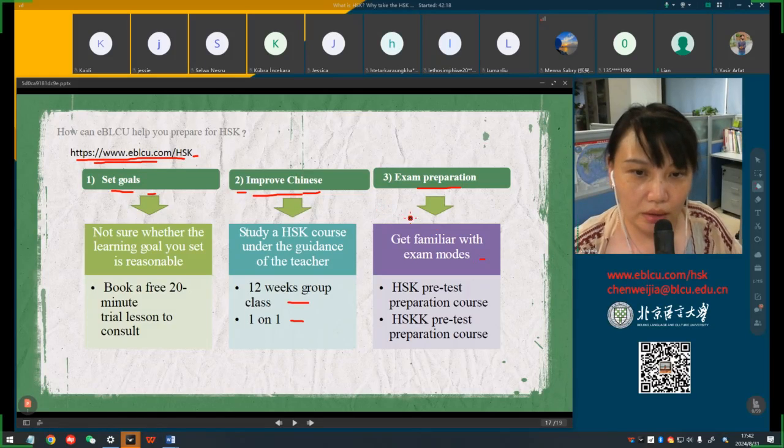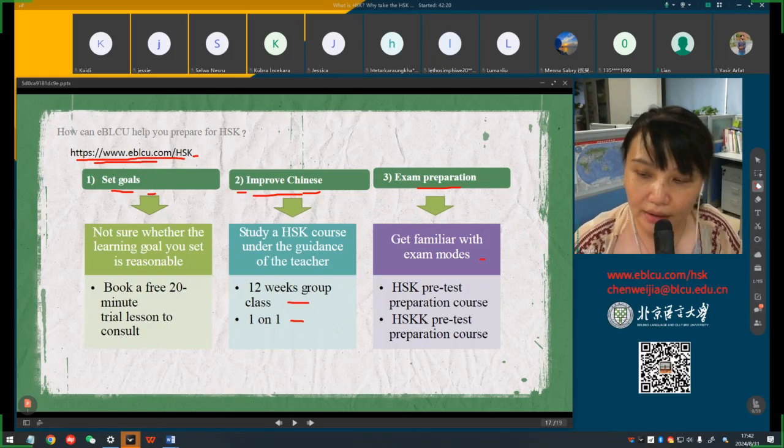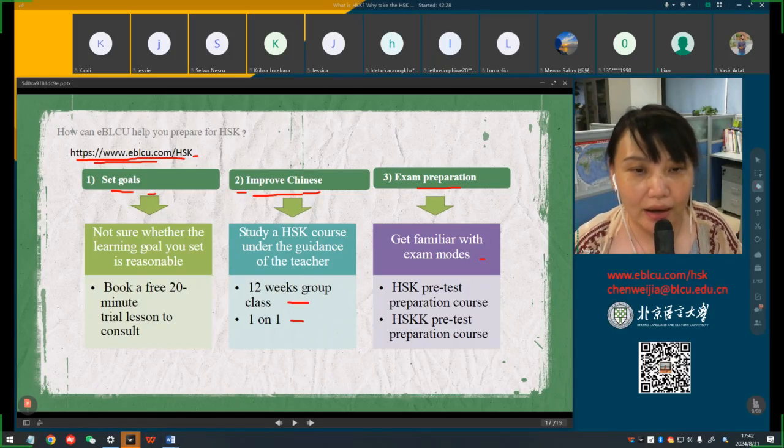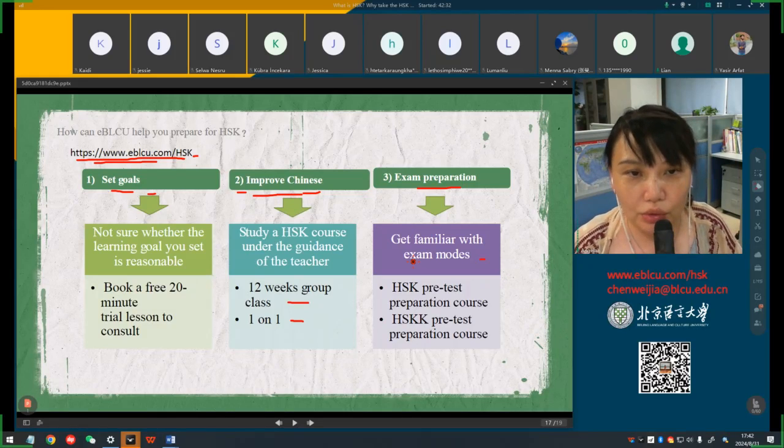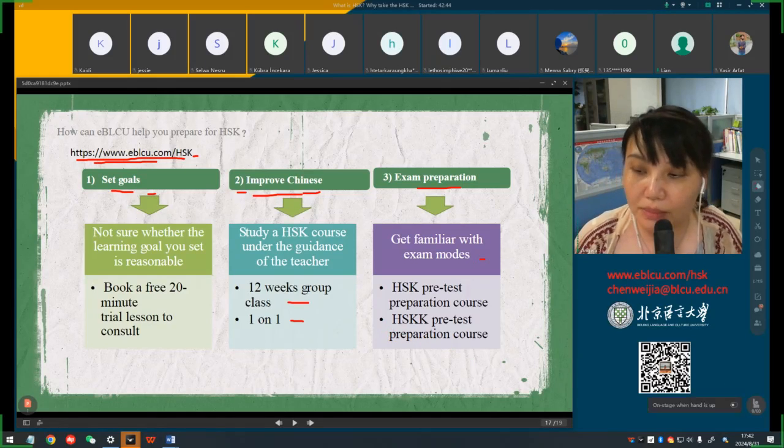It is a short-term test course for you to get familiar with the test formats. The teacher will explain each part of the test and help you do some exercises for each part. Especially if you're planning to take the HSKK test and want to prepare for the oral speaking test, some students may not feel very confident about the oral speaking parts.